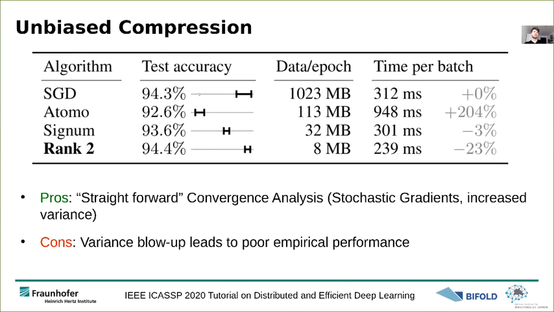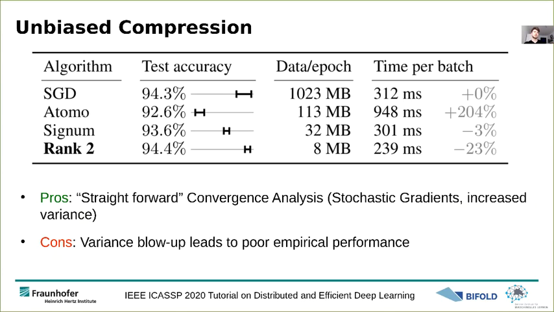However, there are also issues with this unbiased compression approach, and these lie mainly in the application side, because it has been observed that these unbiased compression methods just do not perform as well as other biased compression methods do.